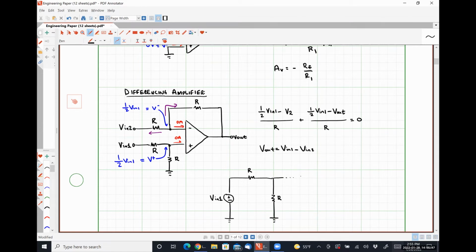And then we have the rest of the circuit. But we know that no current can branch off. So from the perspective of that Vn1 source, it just sees two resistors in series. And the voltage V plus is a nodal voltage. So it's the voltage measured at that node with respect to ground, which is just the voltage drop over that second resistor R.